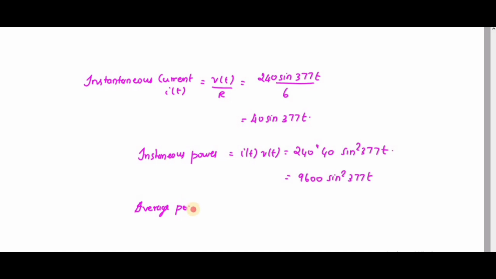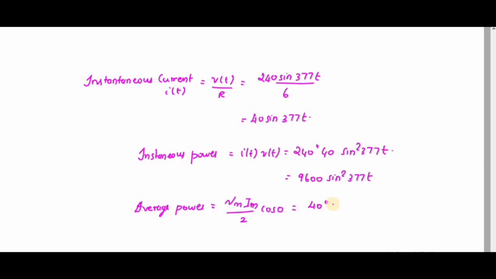Next, I need to find the average power. The average power formula is Vm Im divided by 2 into cos phi. Here cos phi is 1, because the phase angle is 0.